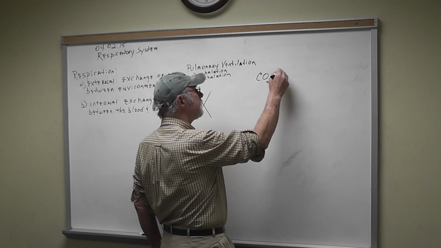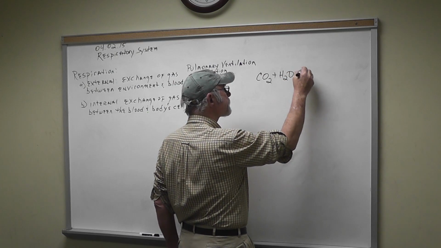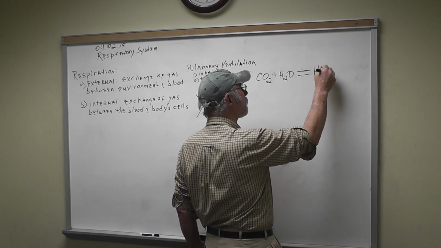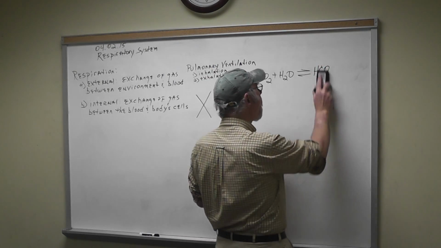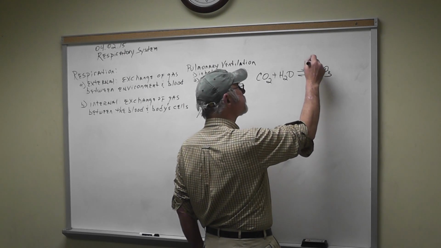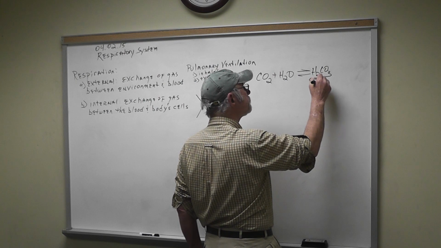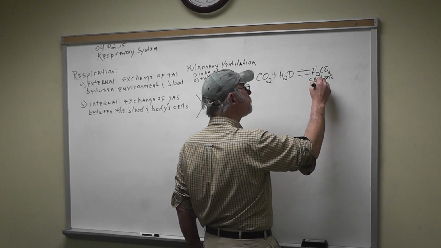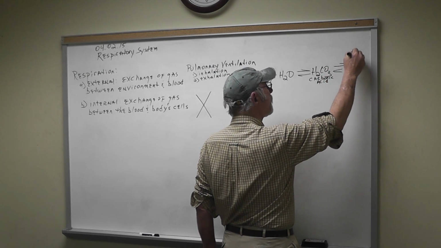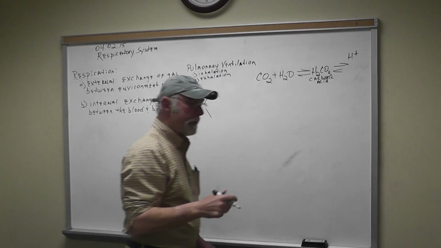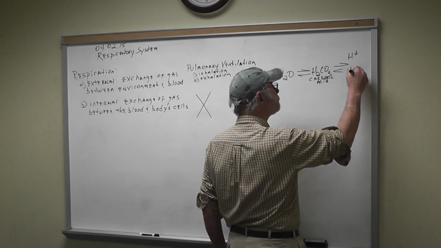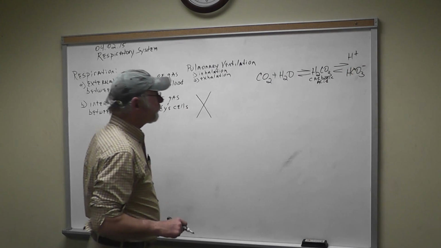Carbon dioxide plus water reacts together in a reversible reaction to form a substance called carbonic acid, which in a reversible process dissociates into a hydrogen ion. If you remember, hydrogen ions are associated with acids, and the bicarbonate ion. Okay. Now, why is that important?